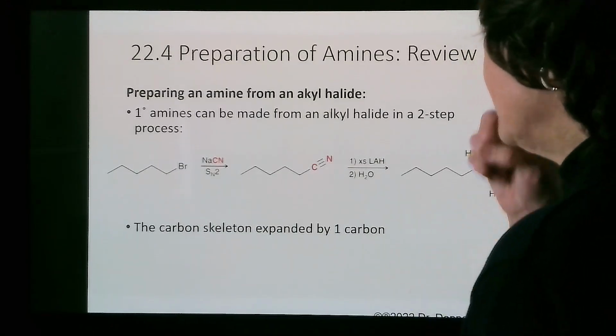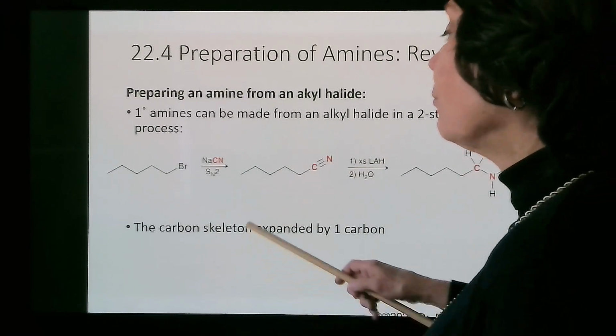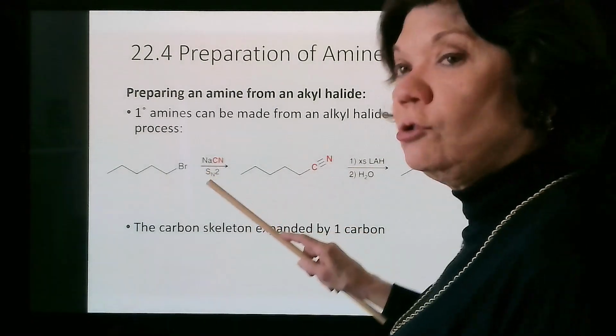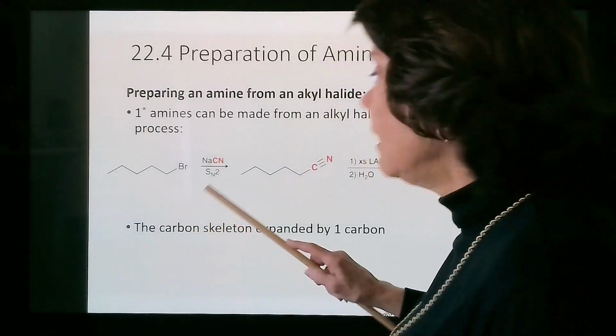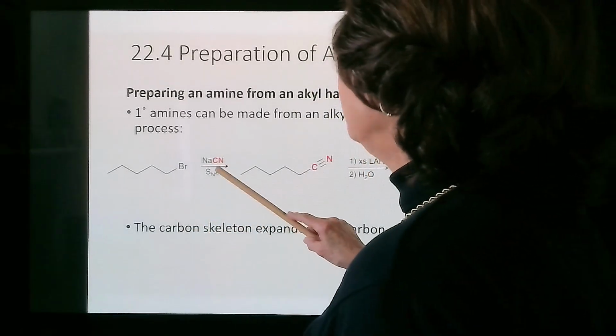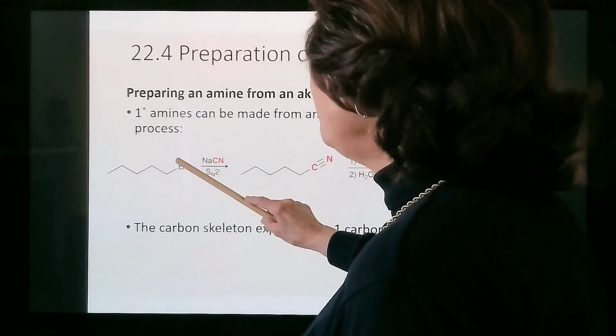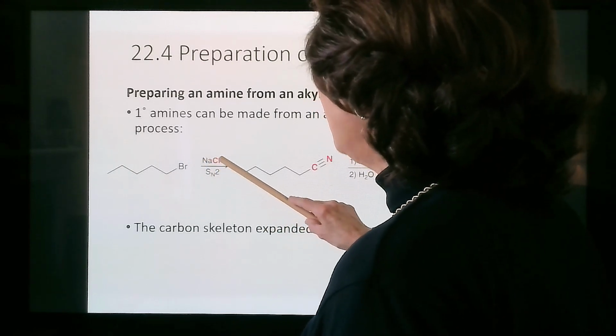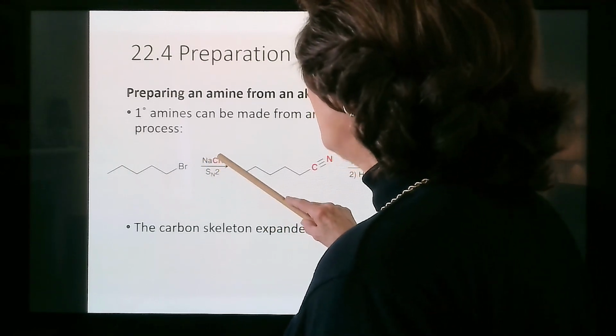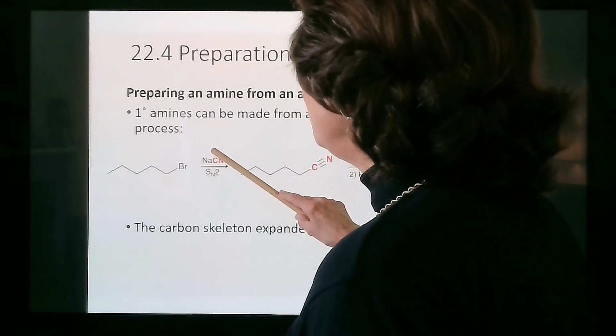So, preparations of amines. The reaction that you saw in Chapter 7, Klein's Chapter 7, bromine can be replaced by cyanide, or by cyano rather, by a simple SN2 reaction.